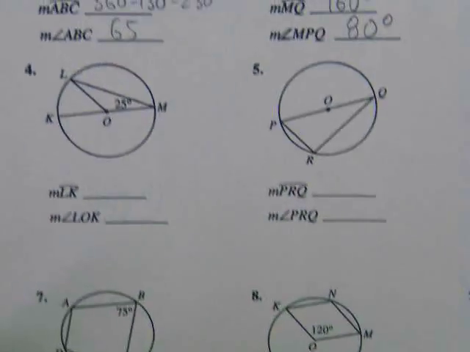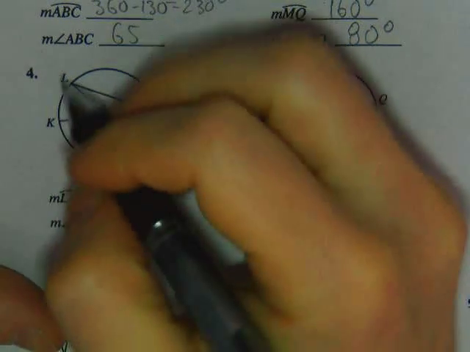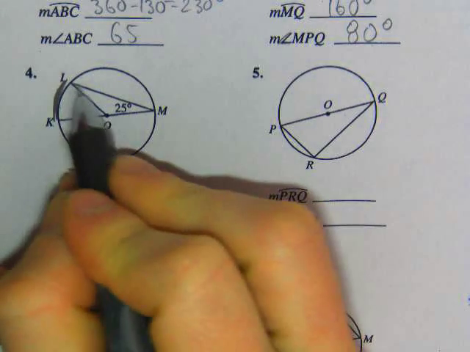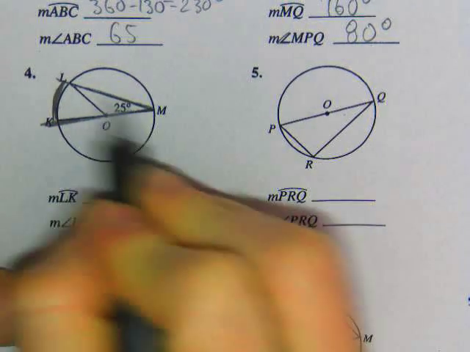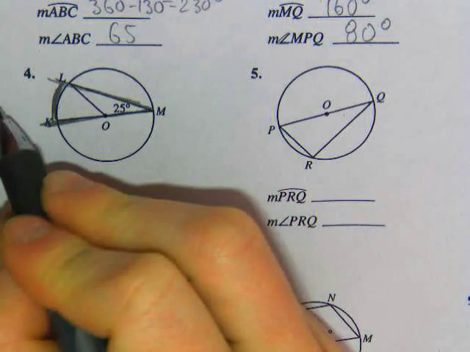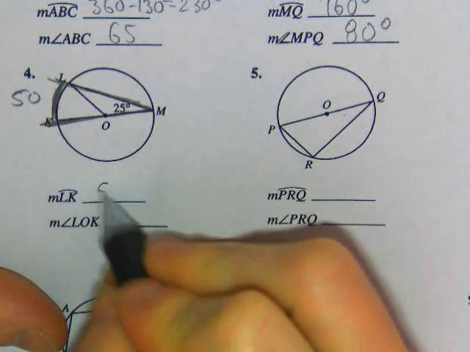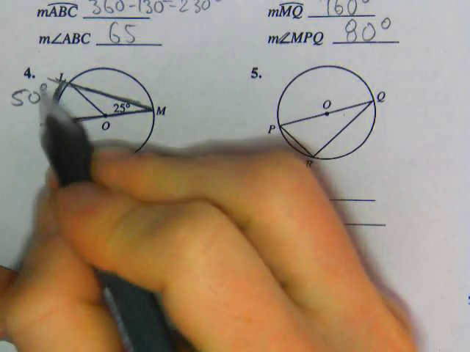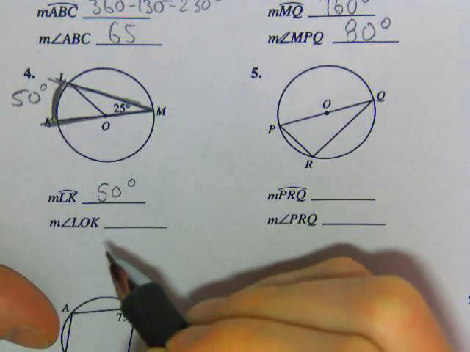Number 4. Okay. LK is this arc. This arc is bound by this angle. This inscribed angle is 25, so going out to the edge, we're going to double it, and we'll get 50. So LK is 50 degrees. Now, the problem also wants to know what LOK is.